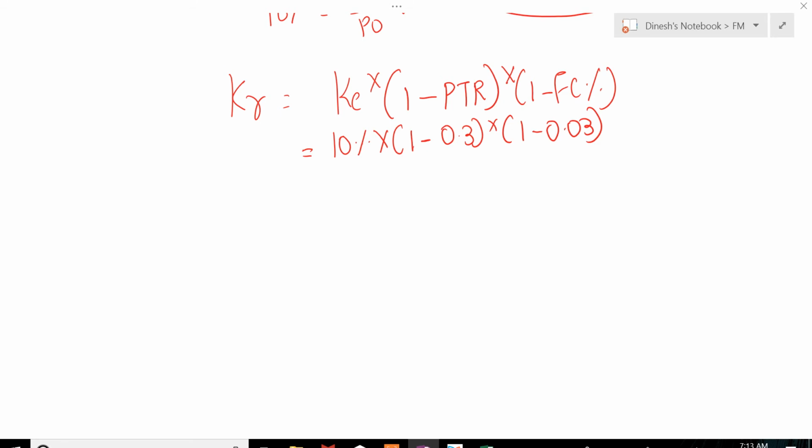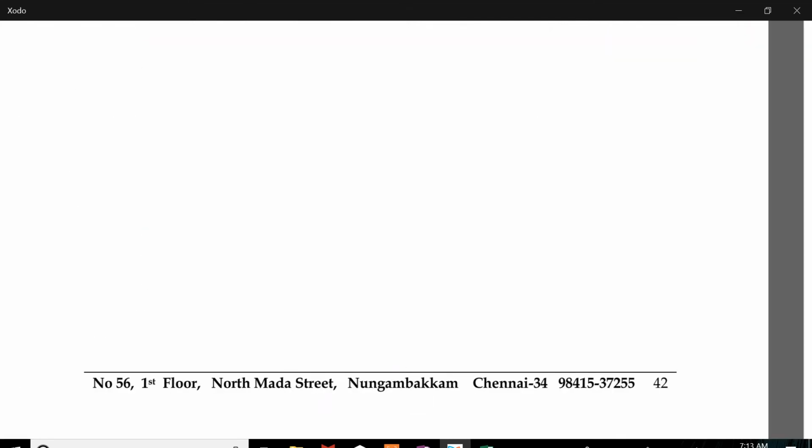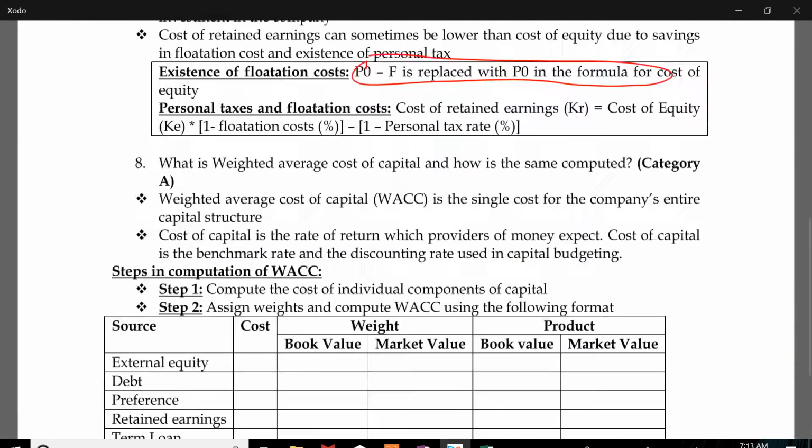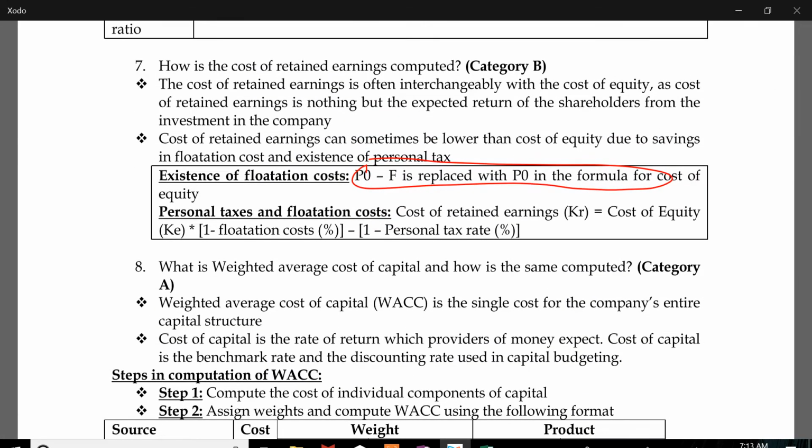1 minus personal tax rate into 1 minus flotation cost percentage. What is the number you get? What happened? What is the formula given? No, this is wrong. It is into. Cost of equity into 1 minus flotation cost percentage into 1 minus personal tax rate. It has to be into.